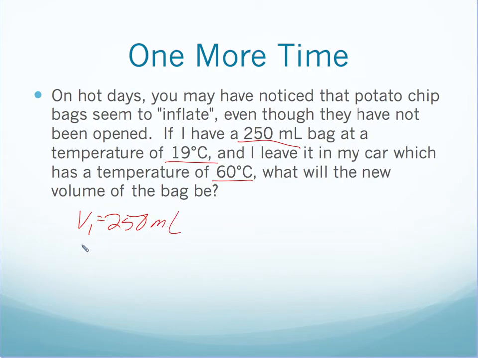I know my T1 is 19.0 degrees Celsius. I know my T2 is 60 degrees Celsius, and I'm looking for V2. Okay, so for this, you can leave the milliliters, make sure you change degrees Celsius to Kelvin. Go ahead and pause the video, work through the calculations, and I will give you the answers on the next slide.